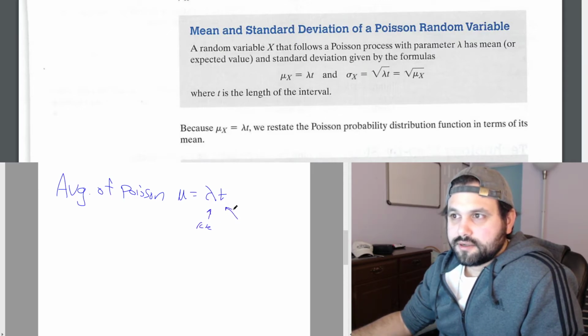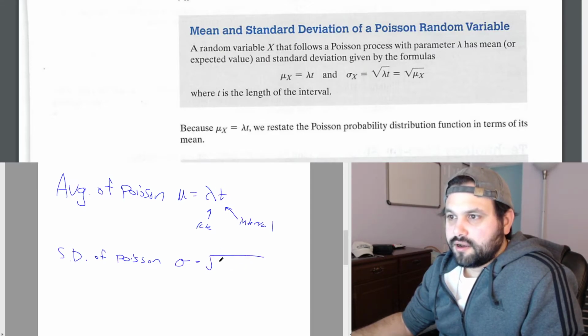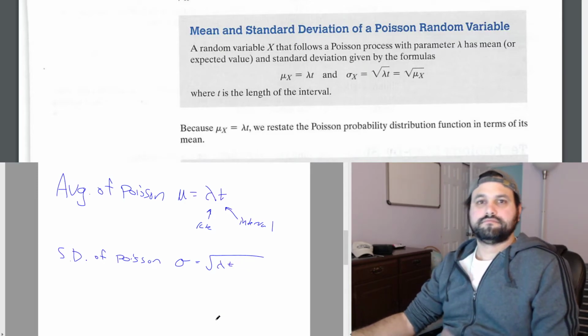And the standard deviation of a Poisson distribution is the square root of the average, of lambda times t. Okay?